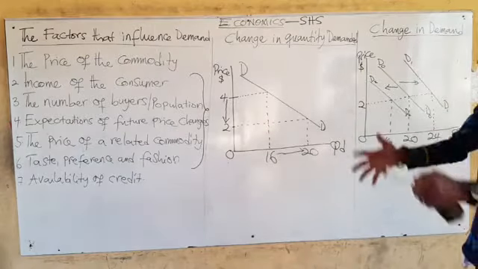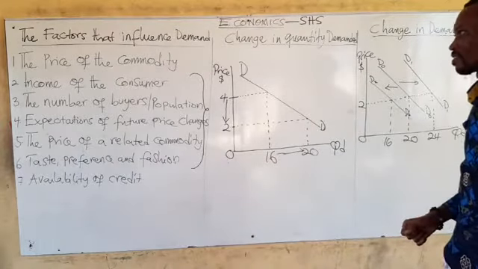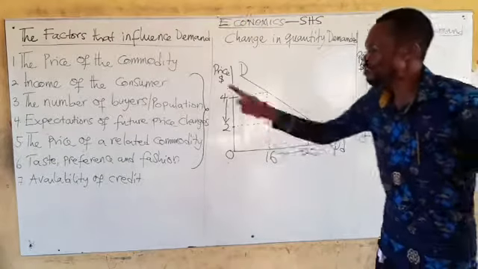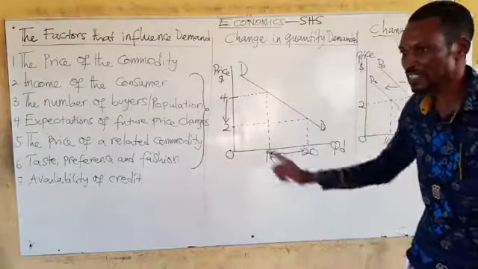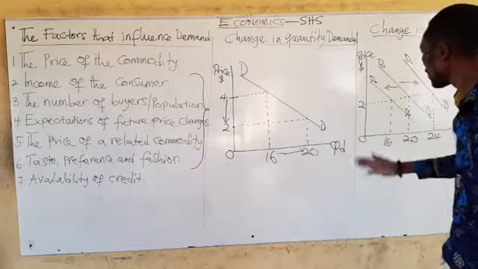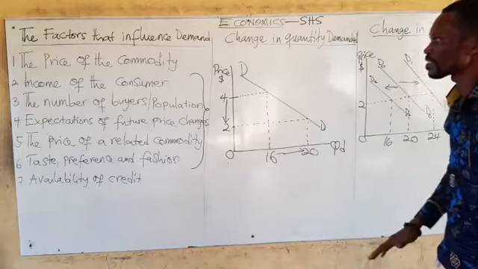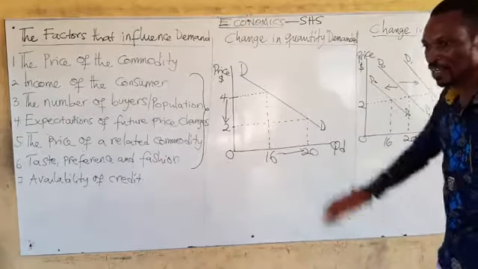So what is change in demand then? Change in demand is when the other factors of demand cause quantity to change, to move either to the left or to the right, with price held constant.